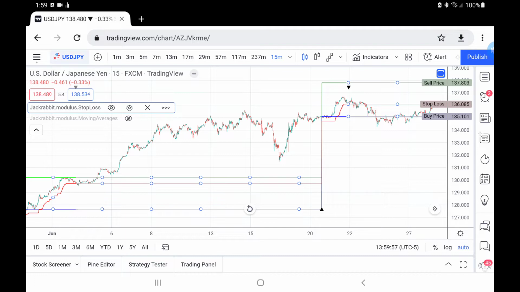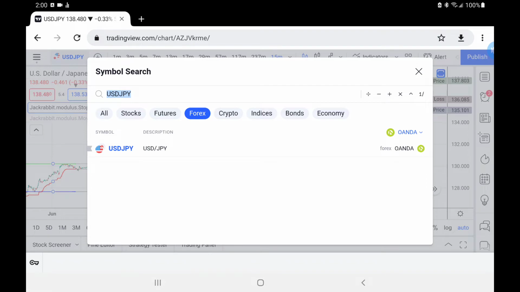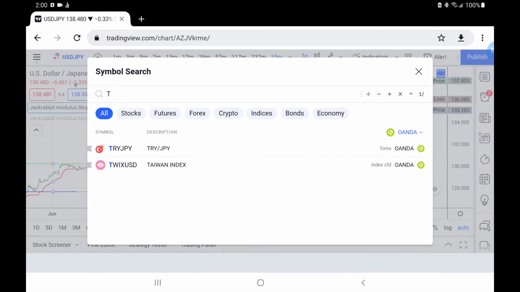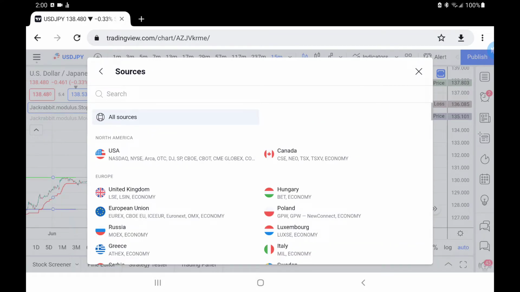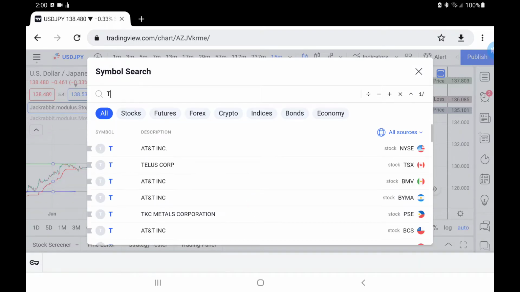Let's see if it'll work on a stock. Okay, let's get out of this. Let's take AT&T.